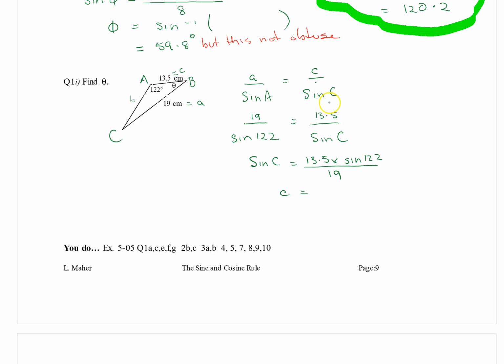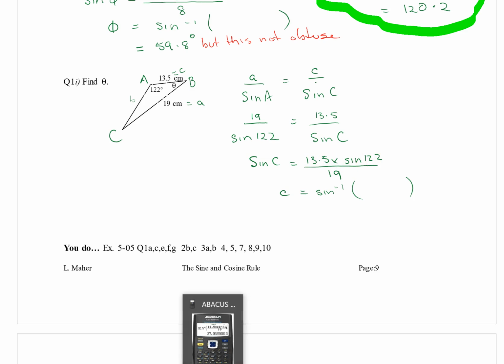So, set up the equation, substituted into this equation, cross-multiplied to find C, well actually the sine of C, so C is equal to the sine inverse of this calculation with the 13.5.